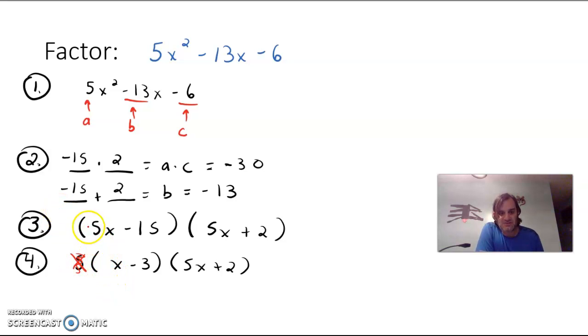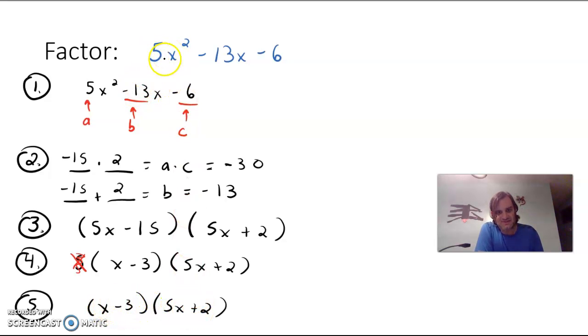We put too much in step 3 if there's a value for a other than 1, and in step 4, we correct that by pulling it out. Now this is different than if we pulled it out in step 1. So then in step 5 here, we will have x minus 3 times 5x plus 2. And if you're questioning that, you can fold this back together and see it does give us 5x squared minus 13x minus 6.